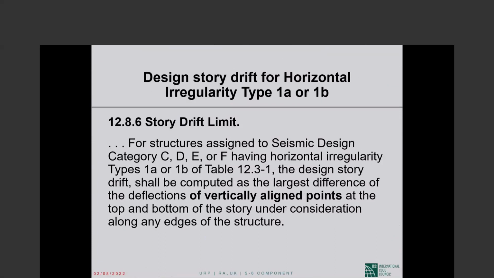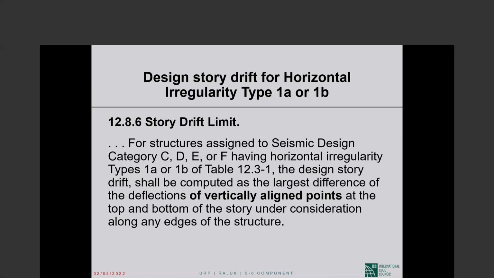Okay. The next section that is triggered is 12.8.6. What this is, if you don't have torsional irregularity, interstory drift. Interstory drift, remember, is deflection at the top of a story minus deflection at the bottom of the story. Now, typically, we calculate the deflection at the center of mass.